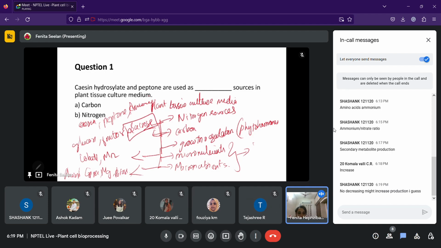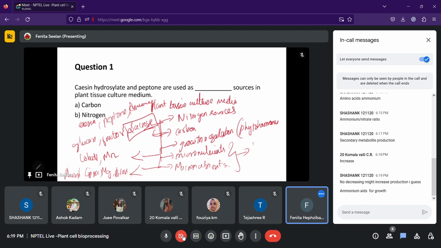So why do we generally consider ammonium and nitrate? They both are nitrogen sources only, right? What is so different about the ammonium to nitrate ratio? Ammonium aids growth, okay.